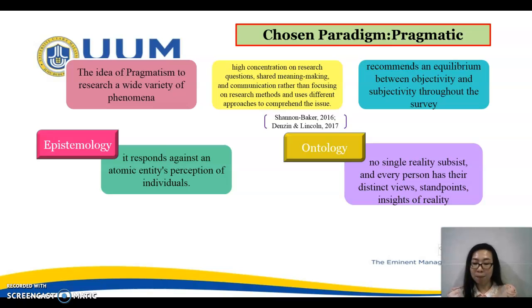As an example, in this current study, the researcher plans to use the mixed method for a complementary understanding of objectivity and subjectivity in the play-based learning approach among primary students.